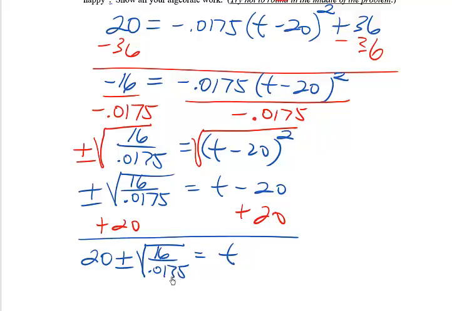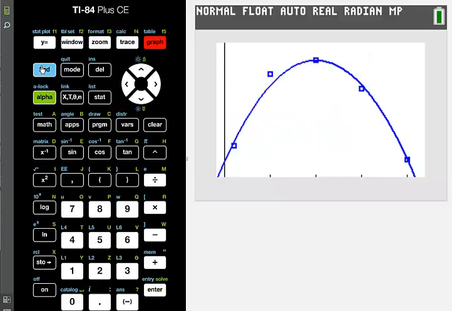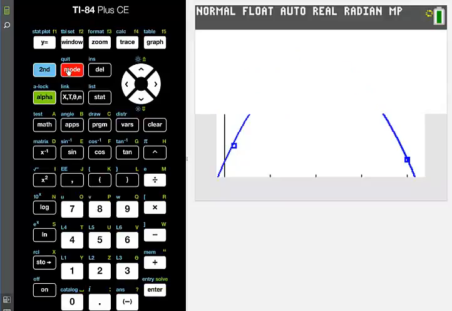Now I know that in this lesson we have gone on to simplify our square roots, but in an application problem we don't really care. I don't need exact answers here. I just need decimals, and the calculator certainly doesn't care about just typing this in. So that's the next step, to type these two answers into the calculator. Back on the calculator, let me quit out of the graphing mode.